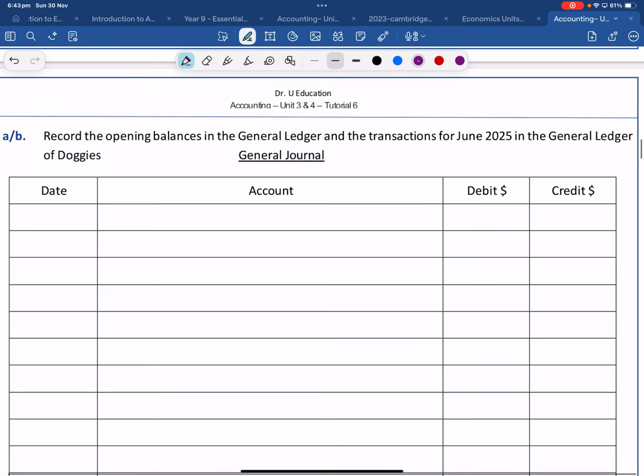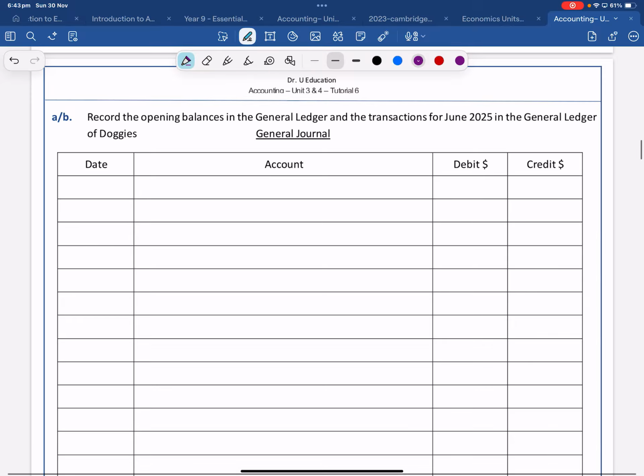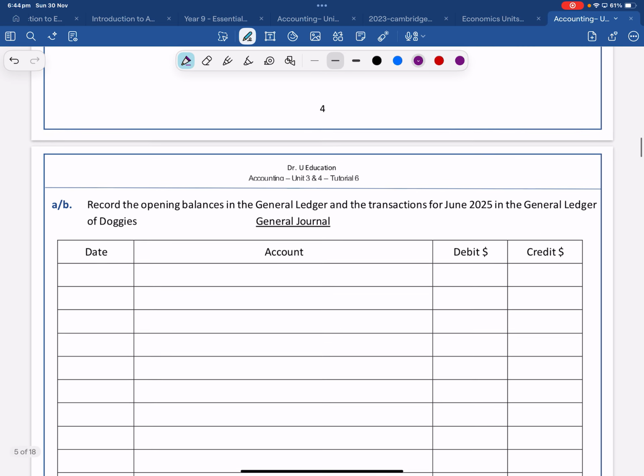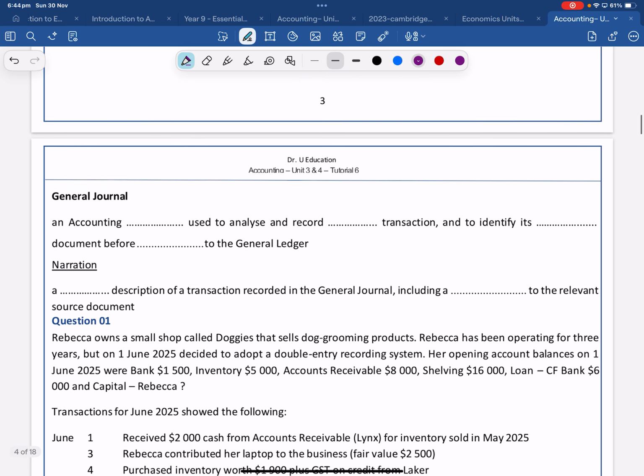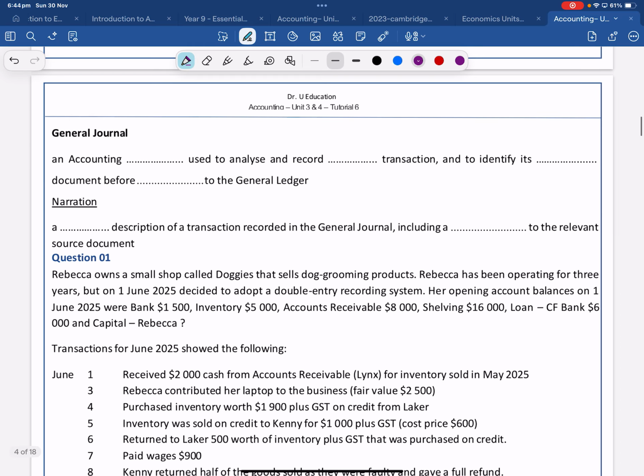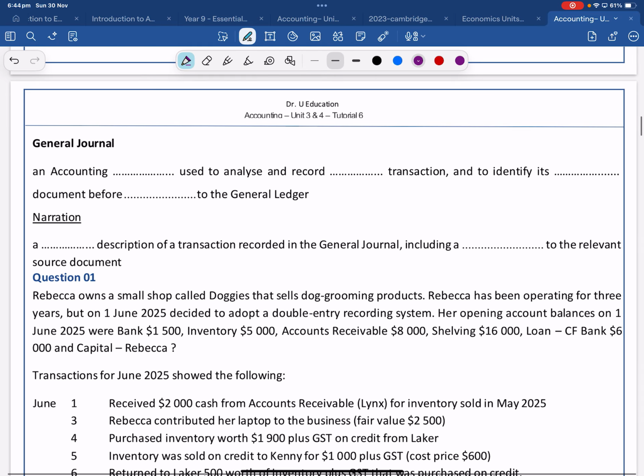Yeah, now have a look at the general journal. This is the general journal. Okay, so we have the date, the account, debit or credit. How many marks is usually a journal? That depends on the number of entries. Right? So the general journal, guys, we are going to come across.